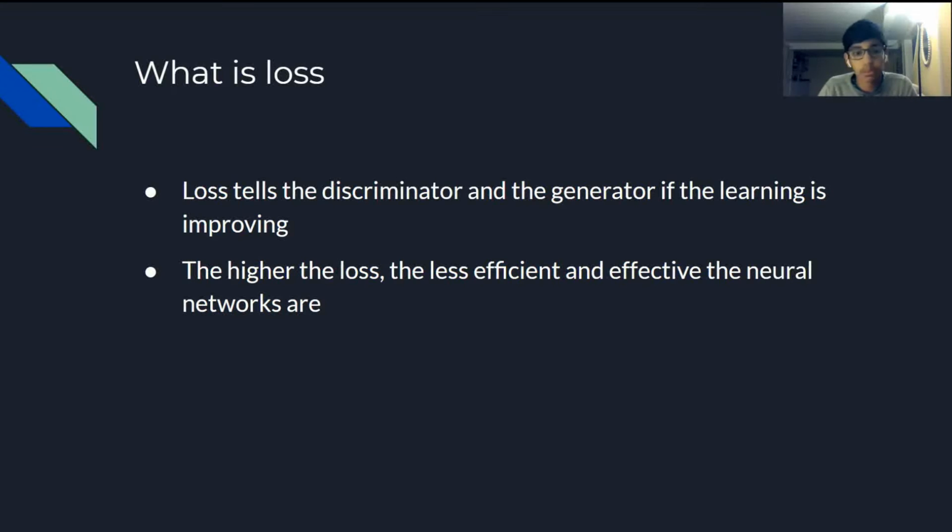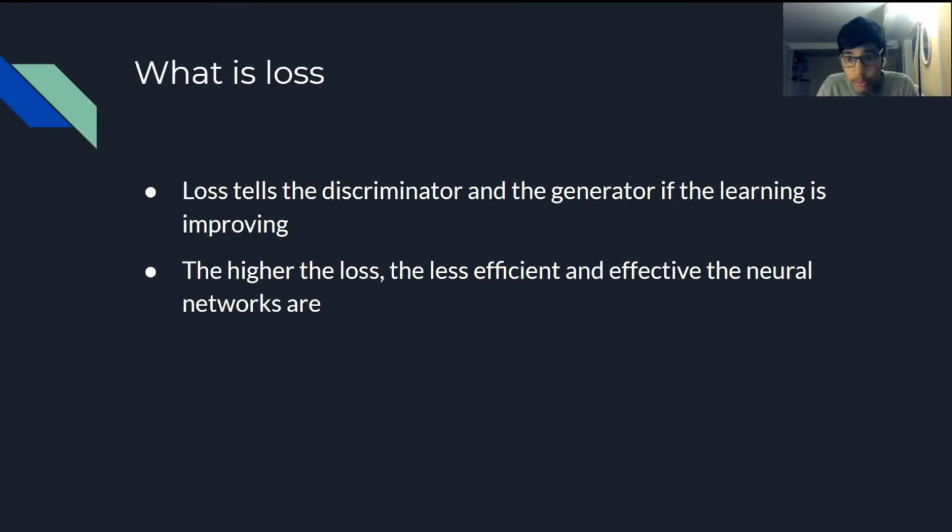For the discriminator, I'm going to start off with the discriminator first. For the discriminator, the higher the loss, the worse it is. This is the same for both the generator and the discriminator. So there's losses determined with real loss and fake loss for the discriminator. Real loss determines how many photos it found was real. Fake loss is how many it found was fake.